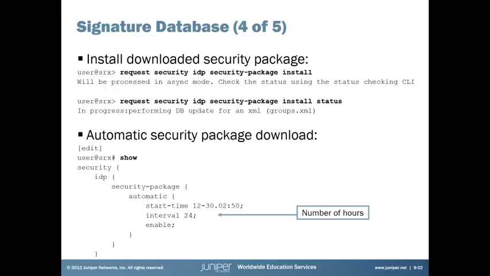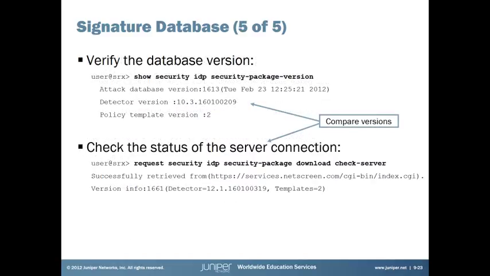So in this case, we're downloading a new signature every 24 hours. And you can verify the database version that we're running, and you can also check the status of the server connection to make sure that you have actually got a connection to the server that contains the signature database, to make sure that you are in fact downloading it.